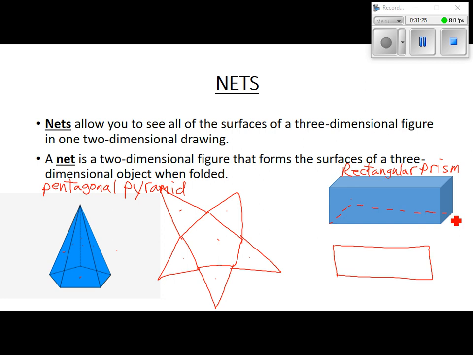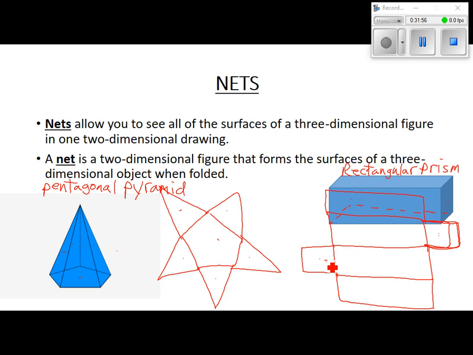Then we've got another rectangle coming out, another rectangle coming out, another rectangle down here, and then we have the ends, maybe that come out something like this. It doesn't really matter where the ends come out, one on each side, but what does matter is that those 2 ends are exactly the same on a rectangular prism. So your net might look something like that.